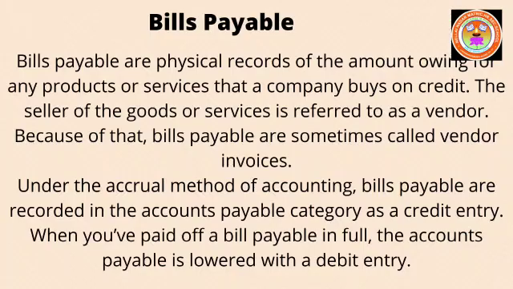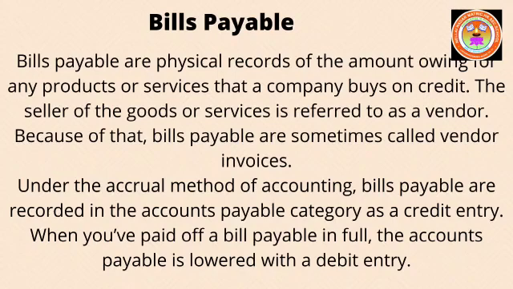Bills payable is a physical record of the amount owing for any product or services that a company buys on credit. The seller of the goods or services is referred to as a vendor. Because of that, bills payable are sometimes called vendor invoices.